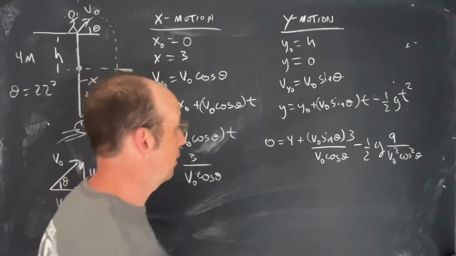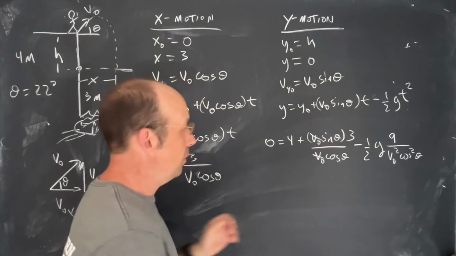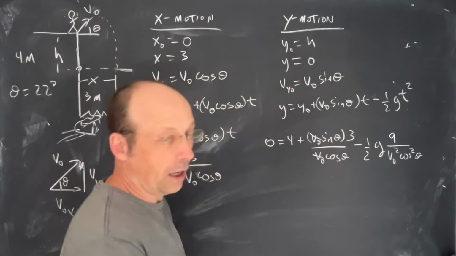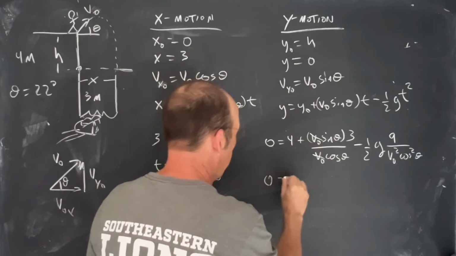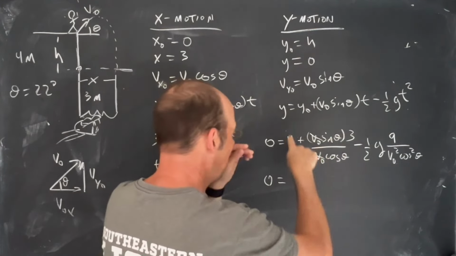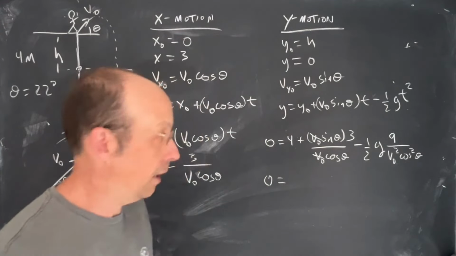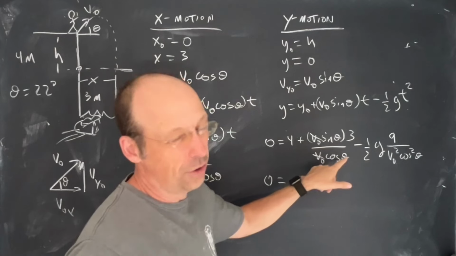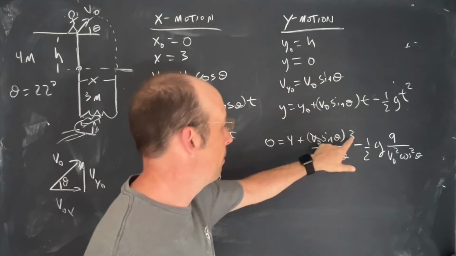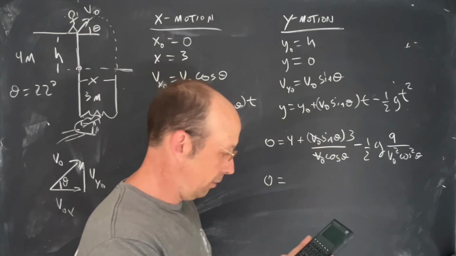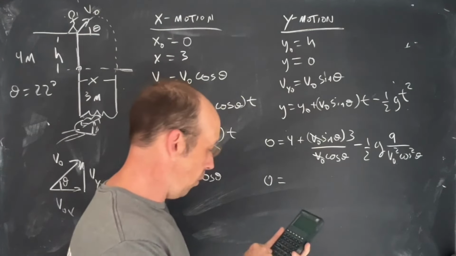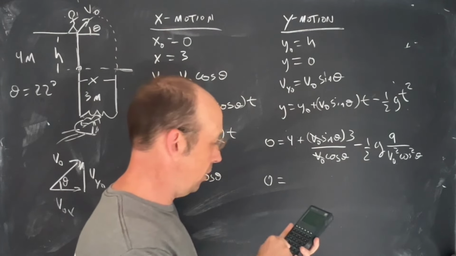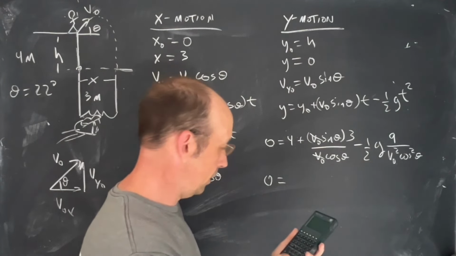Right here, that v0 cancels. So this is just a number, and that's a number over v0 squared. Let's just go ahead and put in numbers. So 0 equals, I'm going to put this whole thing in as a single number. It's going to be 4 plus 3 times sine of 22 divided by cosine of 22, which is tangent of 22. So let's put it in my calculator: 4 plus 3 times tangent of 22.